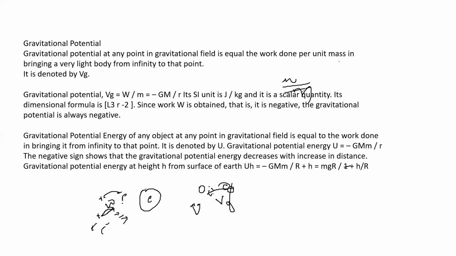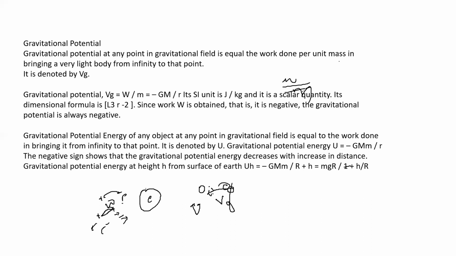Why? Because you are doing the work opposite to the direction of the gravitational force. The gravitational force is acting in one direction and you are doing work opposite to that, therefore it is always negative. The gravitational potential energy of any object at any point in a gravitational field is equal to the work done in bringing it from infinity to that point.